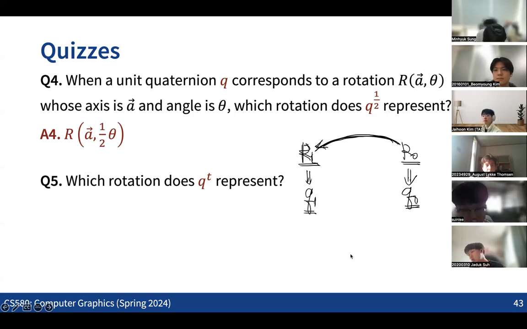What we can see is that the relative rotation from Q0 to Q1 can be represented as in the previous slide.